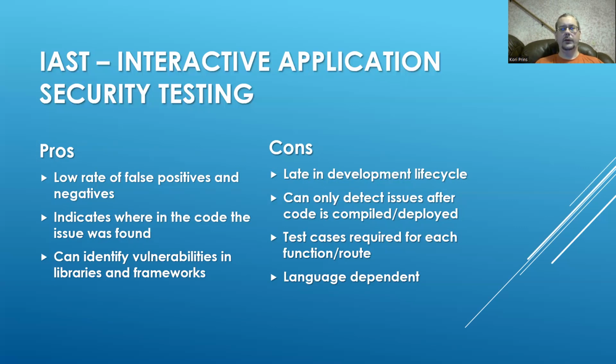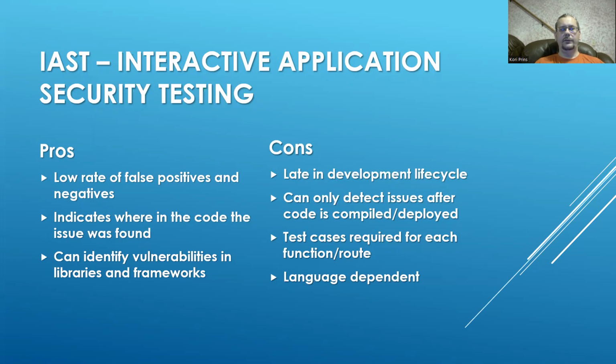It can also, like DAST, only detect issues after code has been compiled or deployed. And test cases are required for each function route, in order to properly test an application with interactive application security testing.